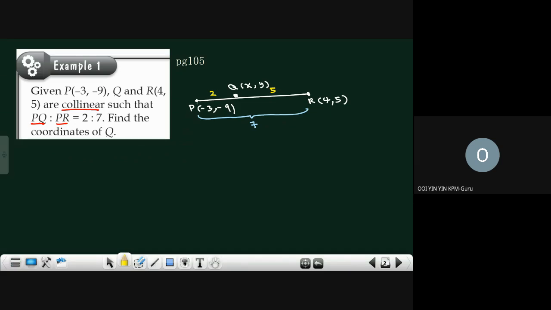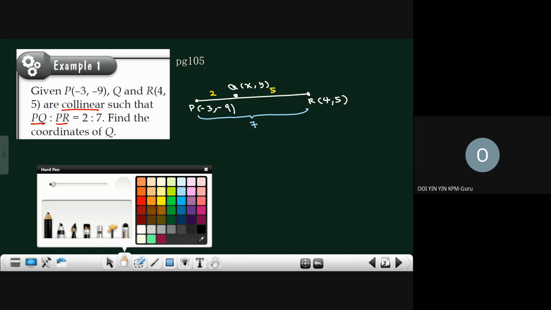The ratio m:n that we want is PQ, then QR. Don't just take what they give here and directly assume 2 is m and 7 is n. That one is wrong. You have to understand the situation first and see clearly what the given ratio refers to. We want the yellow part here, 2 and 5, not 7. Please bear in mind, because if you don't understand the question and just do it, you'll ask me later why you got it wrong. So be careful about this.